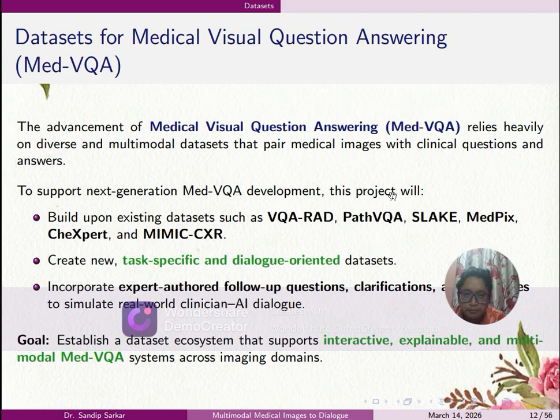One is expert CXR, but follow up questions and clinical reasoning to better understand how doctors behave during diagnosis.